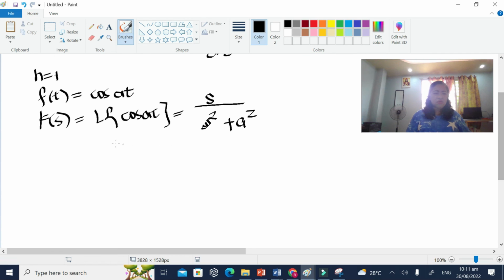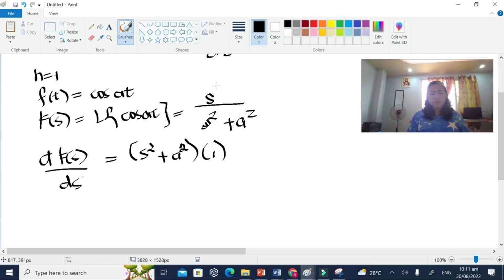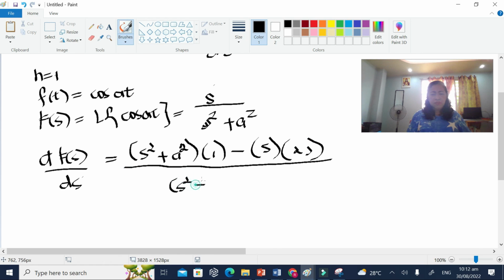So I will take the first derivative of the function of s. That will be s squared plus a squared times 1, the derivative of s, minus s times the derivative of this with respect to s, which is 2s, divided by s squared plus a squared, squared.